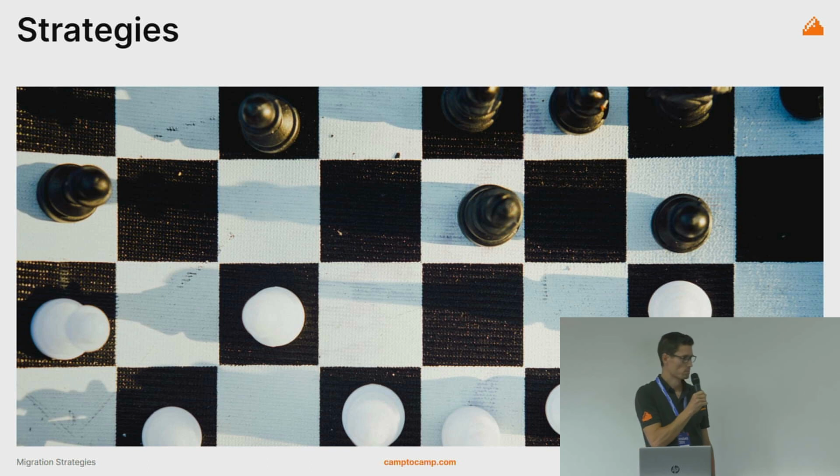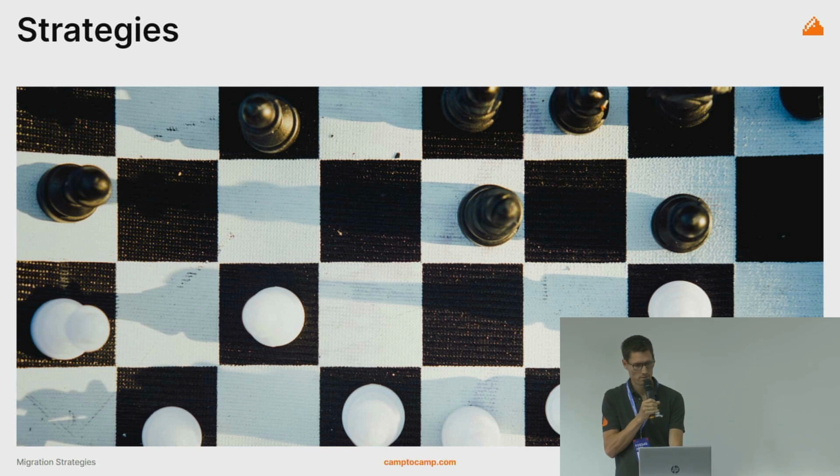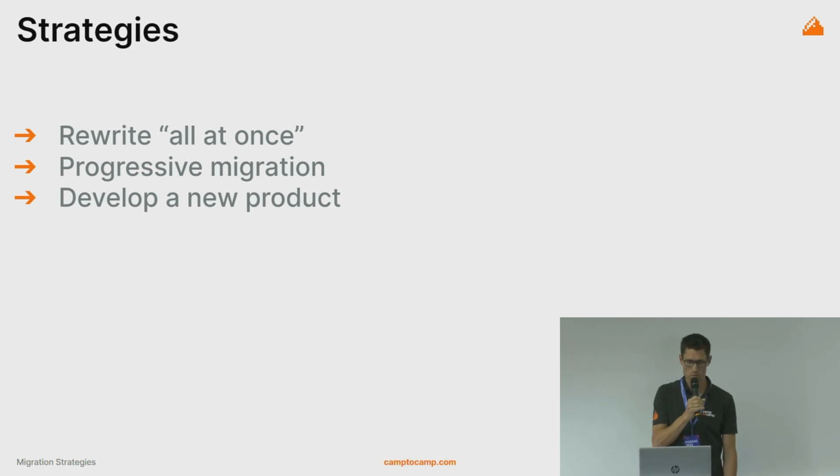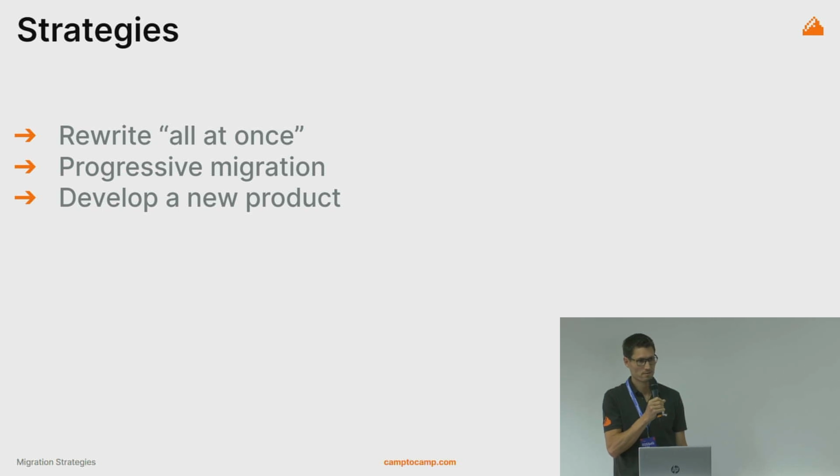So what possibilities do we have to get rid of the deprecated code we have in our software? I think there are 3 quite obvious options. The first one, to rewrite all at once. The second one, to do things step by step. And the third one is a little different approach, to develop a new product.